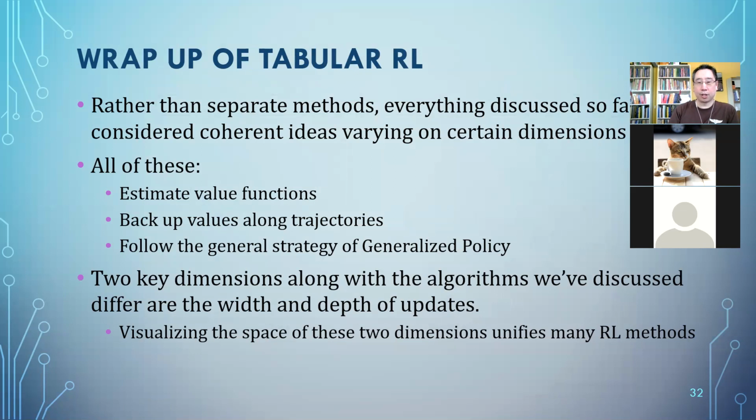All right. So then that's really what we wanted to cover in terms of how planning is in many ways similar to learning. The difference is that we use simulated interactions instead of using actual interactions with the environment.